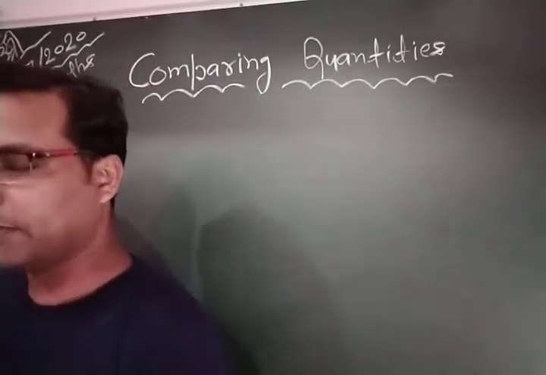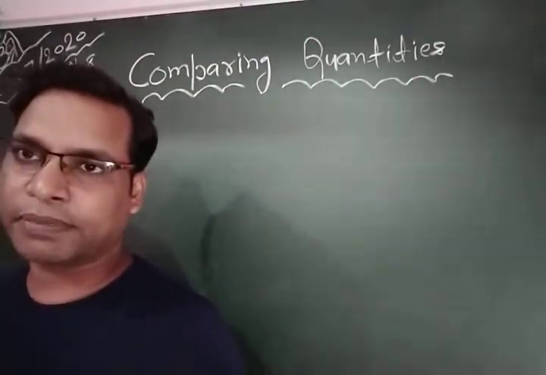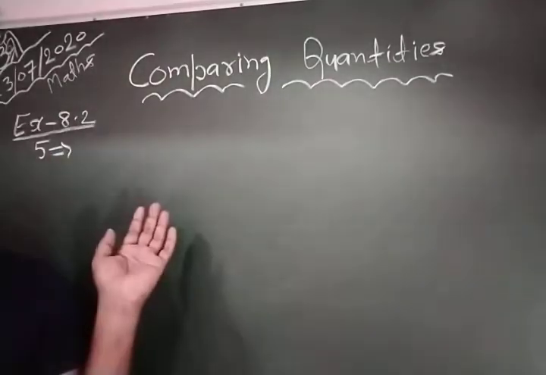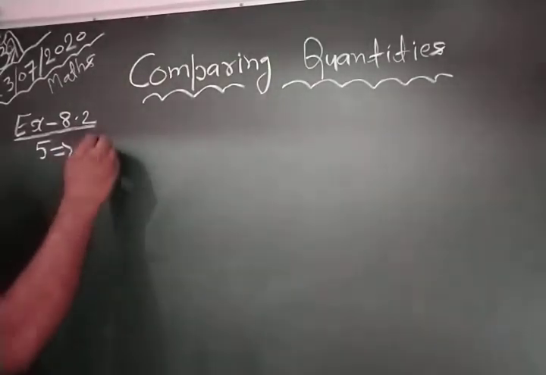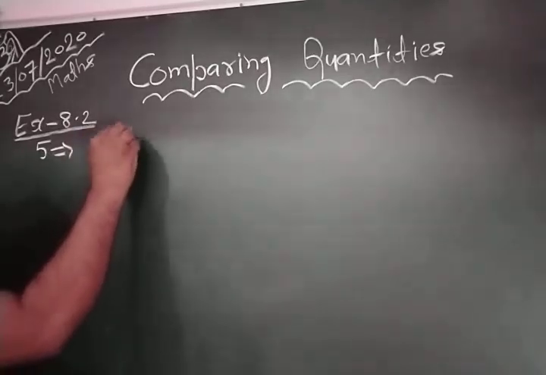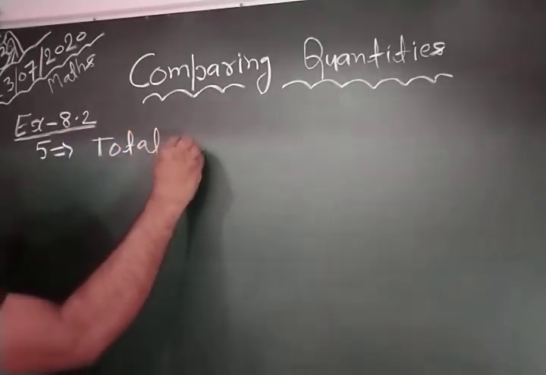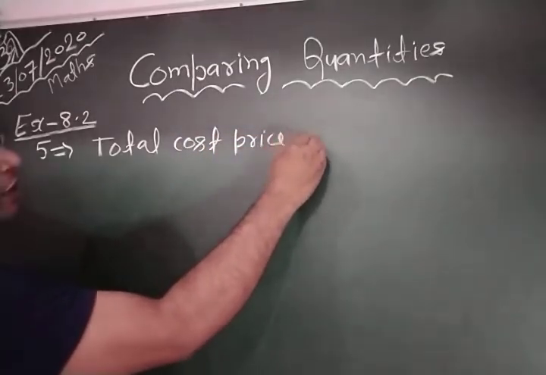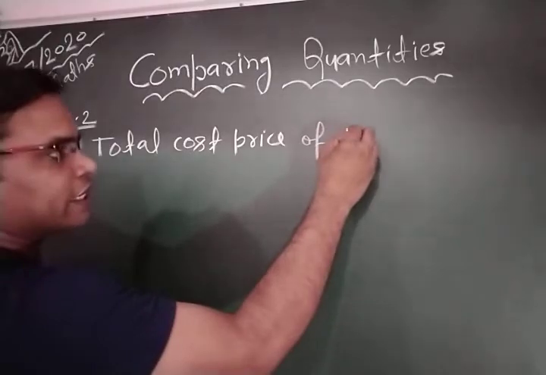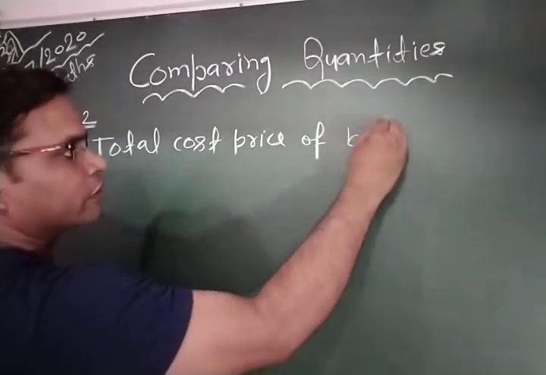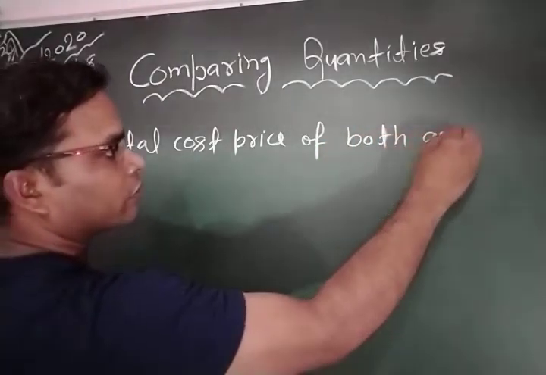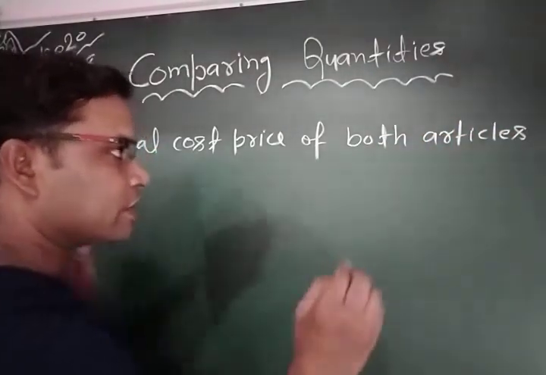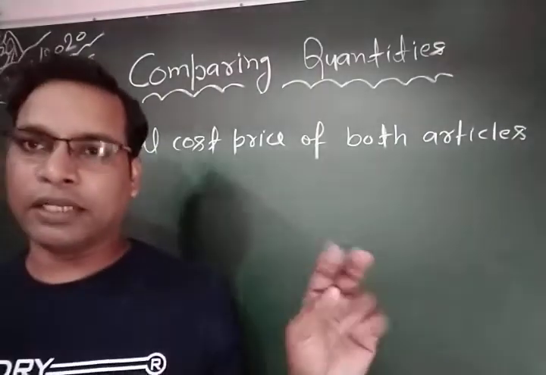Here, given the cost price of the VCR is 8,000 and the cost price of the TV is 8,000. So write here: total cost price of both articles, meaning TV and VCR both.